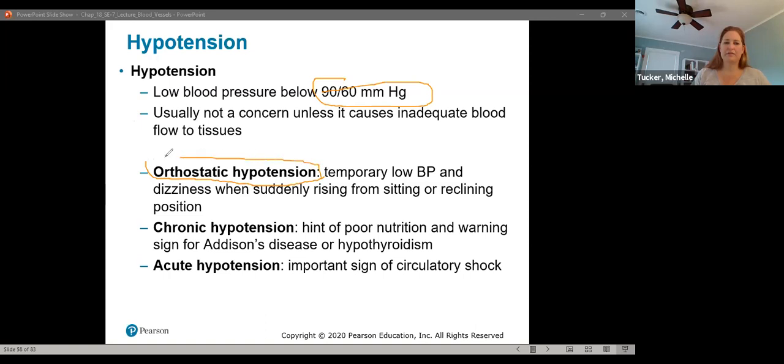Again, this is more of an issue with people as they get older, because their sympathetic nervous system doesn't compensate as quickly or as completely. Chronic hypotension is sometimes associated with hypothyroidism. And then acute hypotension can be due to circulatory shock. But the main ones are the value and what orthostatic hypotension is defined as.